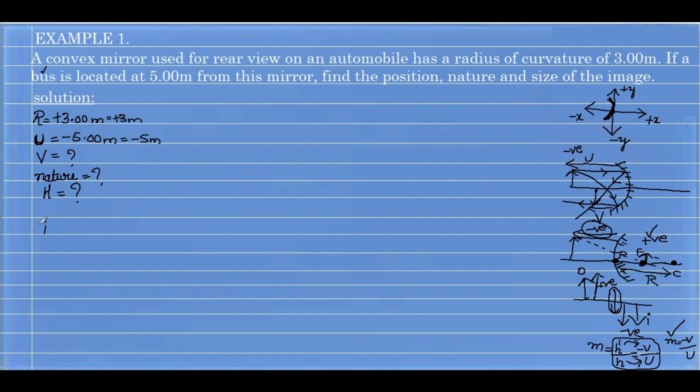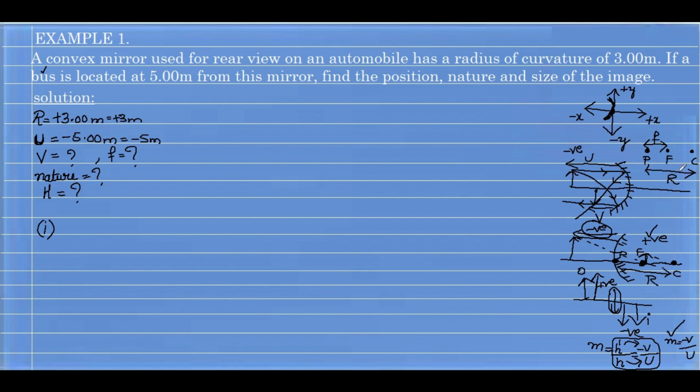The first thing is, you can see the focal length is not given, so we need to find it in order to calculate the image distance and object distance. What is radius of curvature? If this is the pole, this is the center of curvature, and this is the principal focus, then the distance from pole to center of curvature is the radius of curvature, and the distance from pole to principal focus is the focal length.